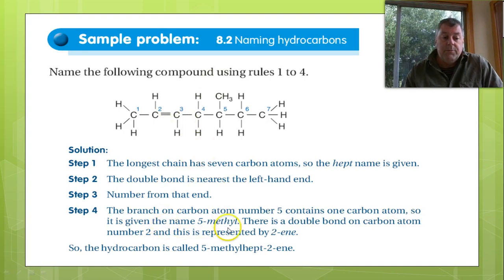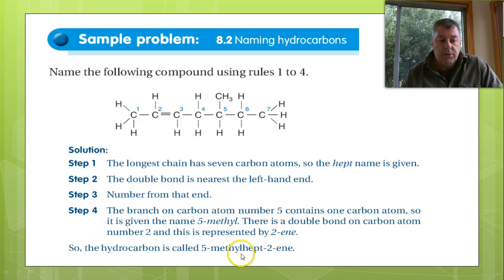In this case we don't, but we could. And there's a double bond, so this double bond is identified as 2-ene. So all up, the name becomes 5-methylhept-2-ene, and notice where the dashes are.